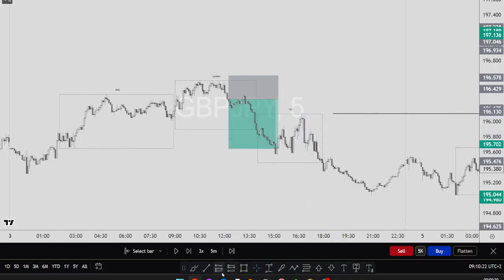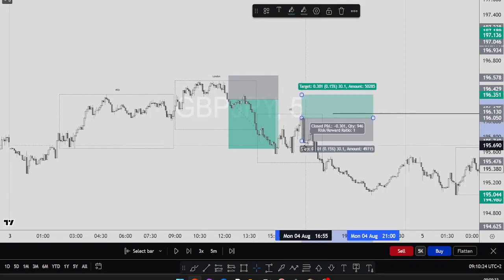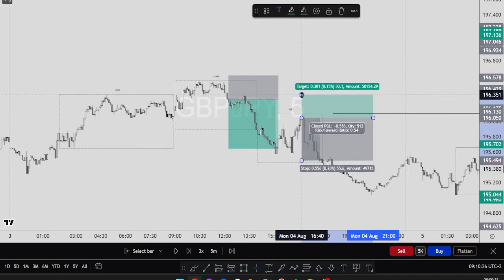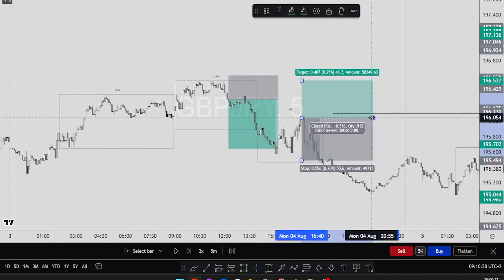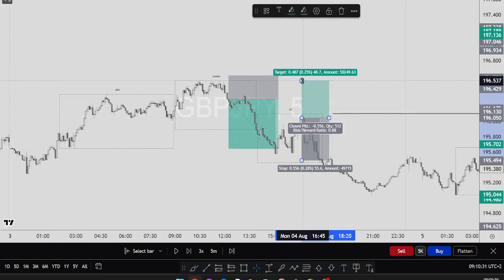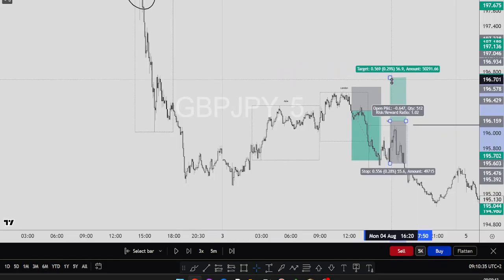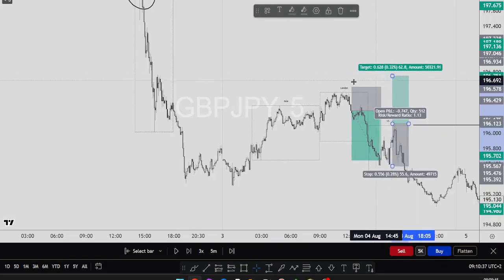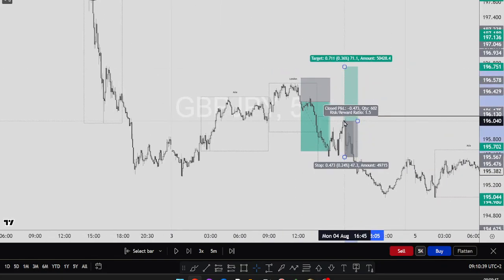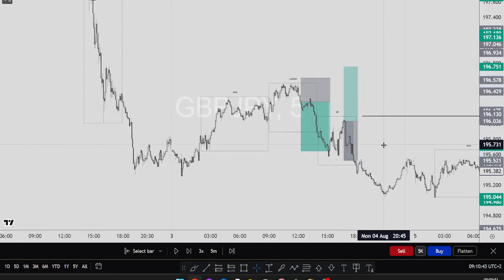I just want to see how many. Okay, it's not enough. So I'm going to have to find some other reason to. We're going to pick this high. We're going to go with this level. Okay, now we got decent R on this one.